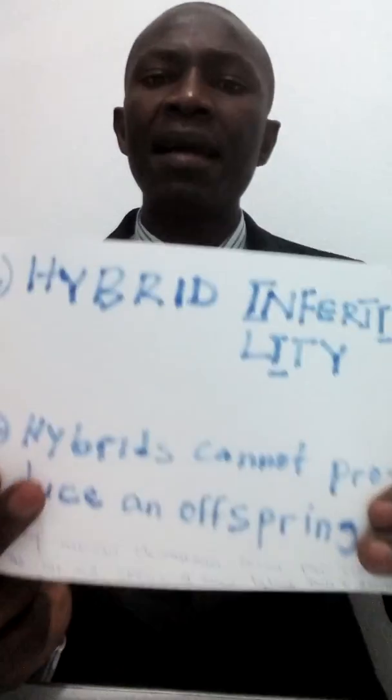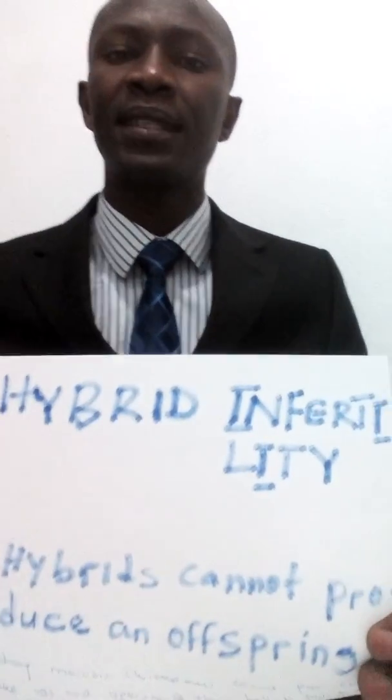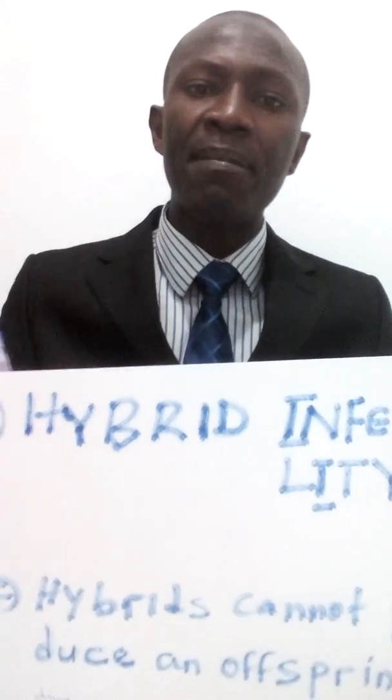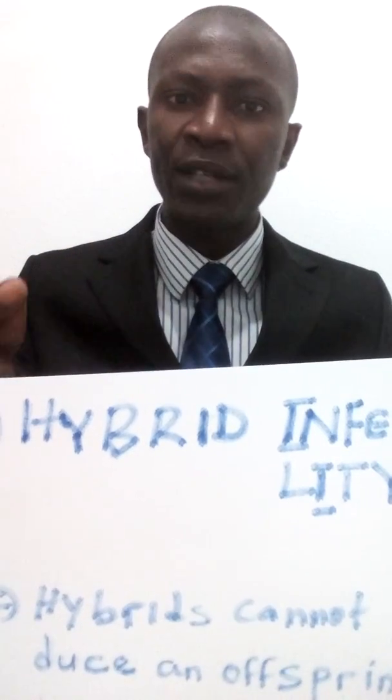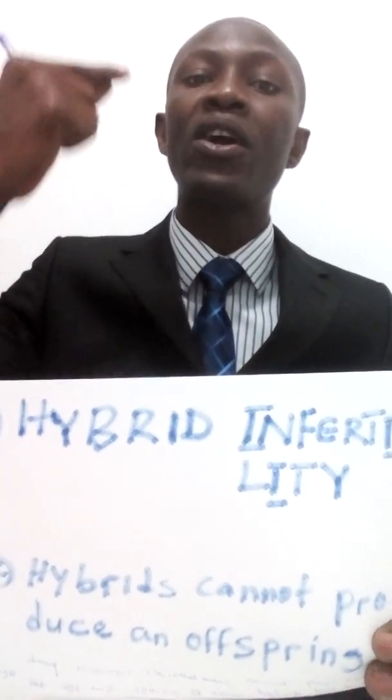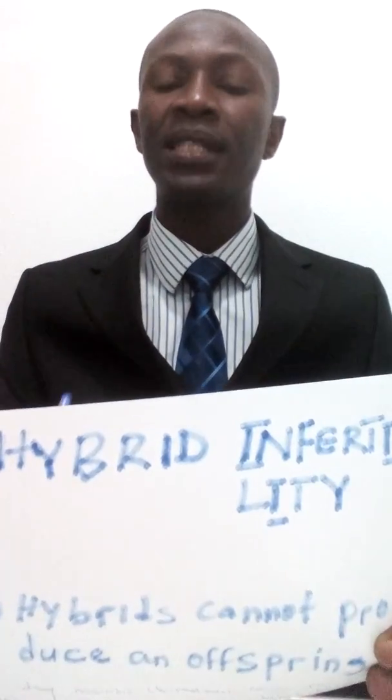Now let's look at the third one, the hybrid infertility. Here the hybrids manage to survive, but they cannot produce any offspring by themselves, simply because during meiosis the chromosomes fail to pair correctly.